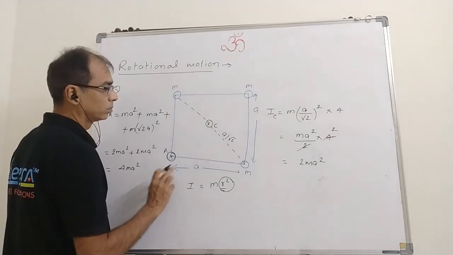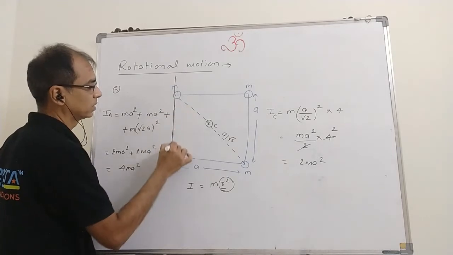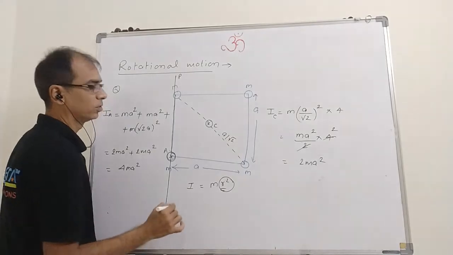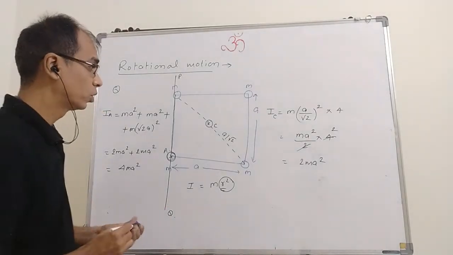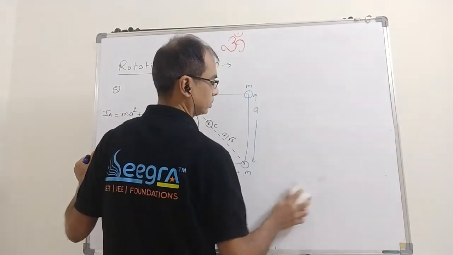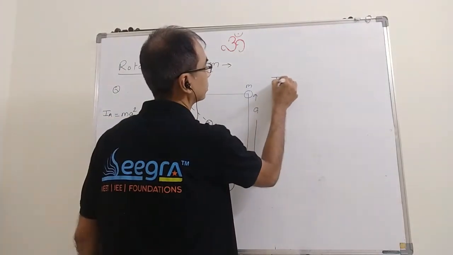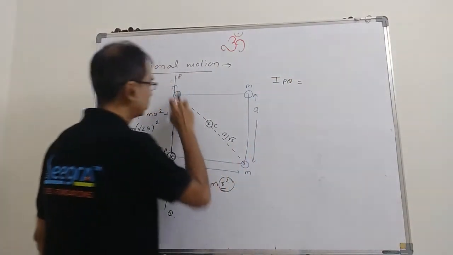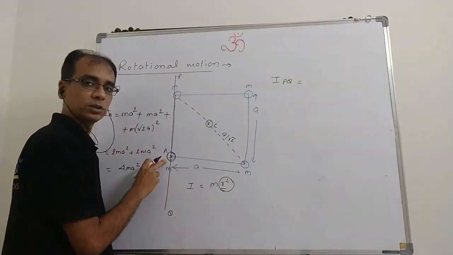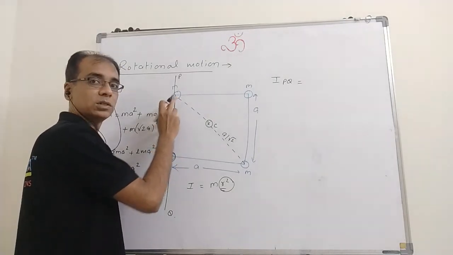Now a few more cases. Suppose I ask you about this axis passing through the midpoints of the sides, say PQ. We want to find the moment of inertia about PQ. This axis passes through the center, so the radius for these two masses is 0.